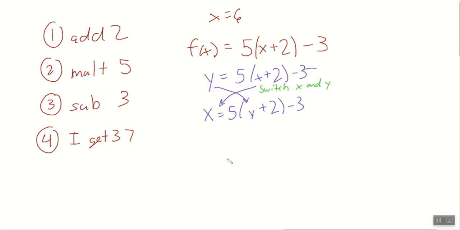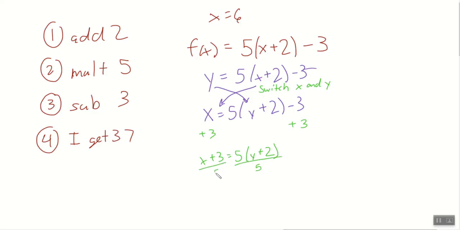So I've got to get y all by itself. First, I'm going to add 3 to both sides. So I got x plus 3 equals 5 times y plus 2. Desi, what do I do next? You can distribute at this point, but I wouldn't recommend it. You can also just divide both sides by 5.